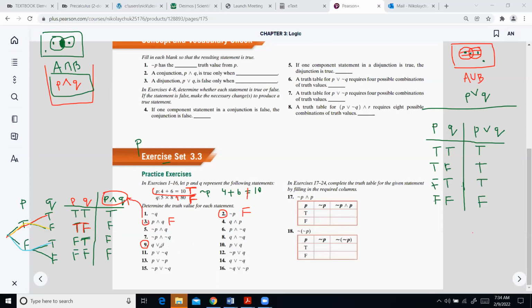So, Q or P. It looks like now we're to look at the other table with or, which is here on the right side, Q or P. And once again, they told me that P was true and Q was false. So what's the result? True. That's all it is.